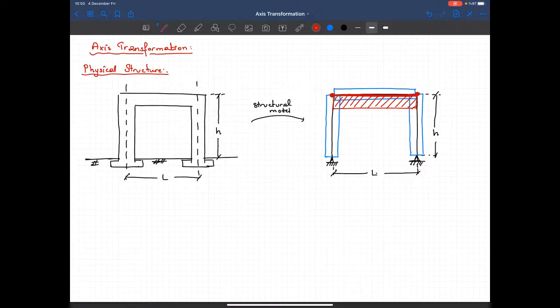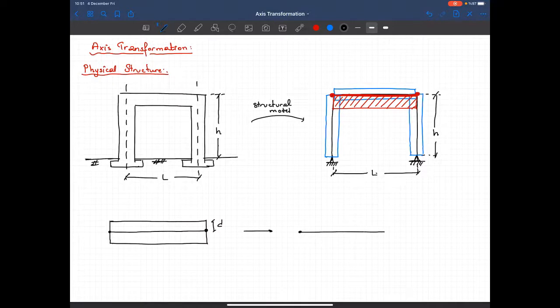Now I have my original beam member, and let's again show the depth. What I want to do, that's D, so remember that we are modeling it this way, just from the center line. But what I want to do is to define the stiffness coefficients at the top surface.